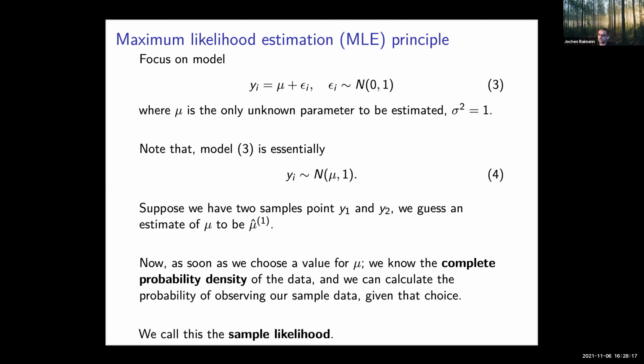So essentially the model transforms, when only one parameter is not known, to yi equals a normal distribution of mu and 1.